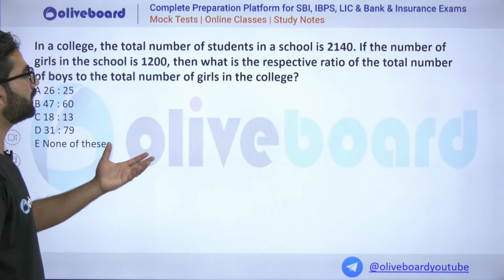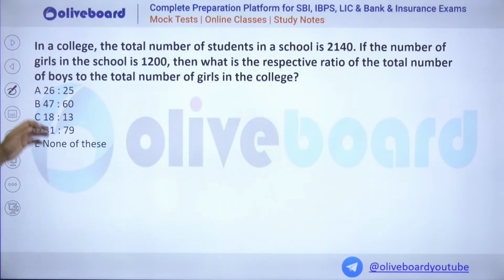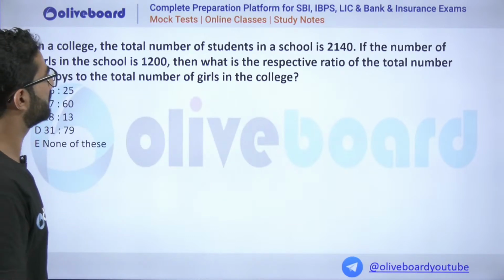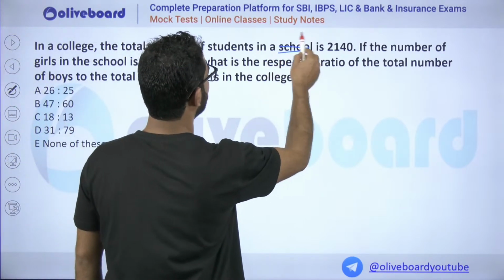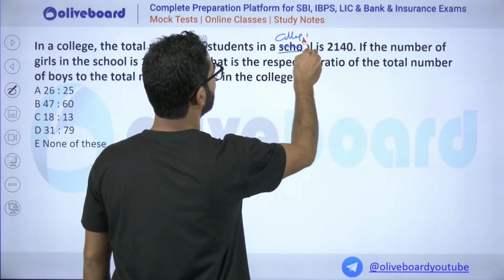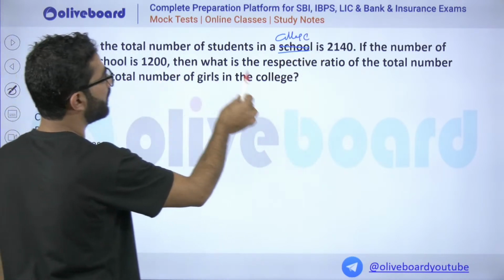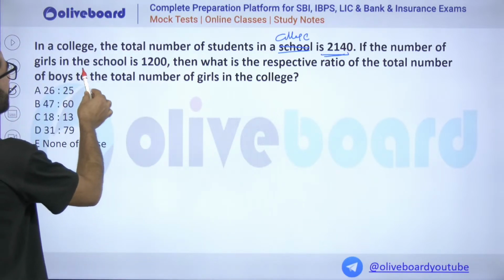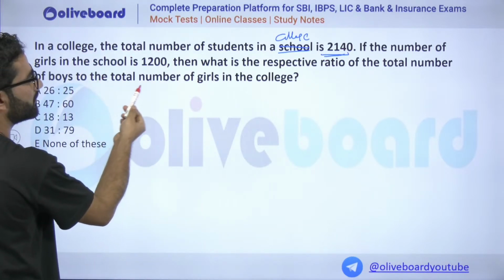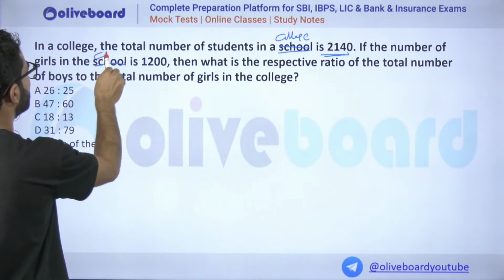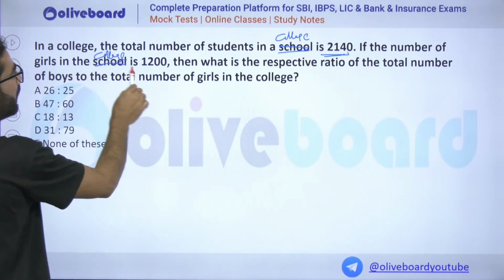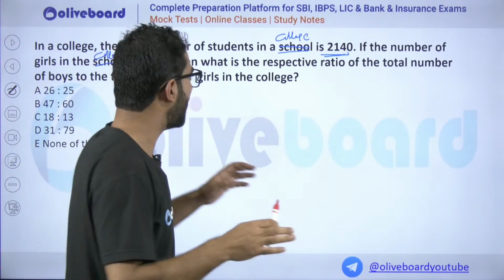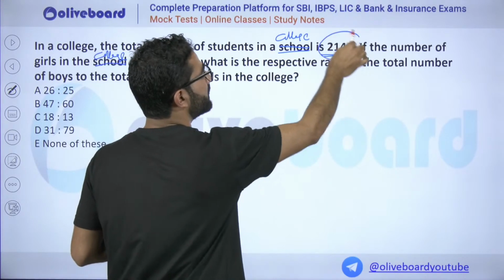Now, if you see the question, what the question actually says: in a college, the total number of students in college is given as 2140. The number of girls is given to you as 1200, and the total number of students is given as 2140.